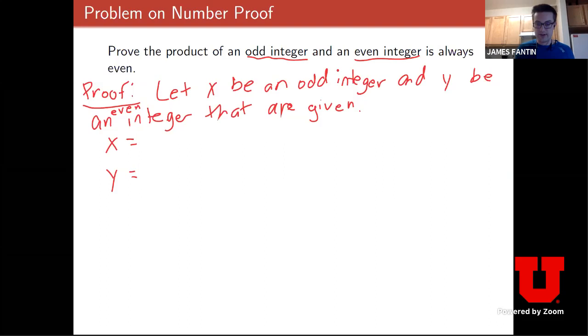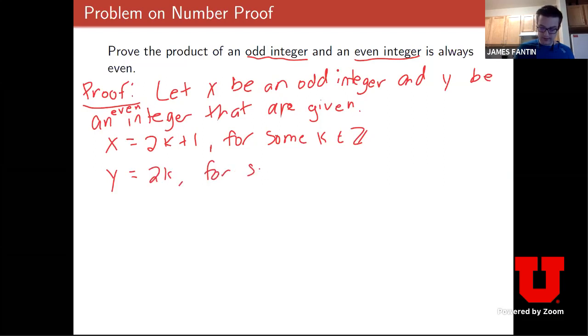It looks like in chat, x is equal to 2k plus 1 for some k that's an integer, and y would be 2k for some k an integer.